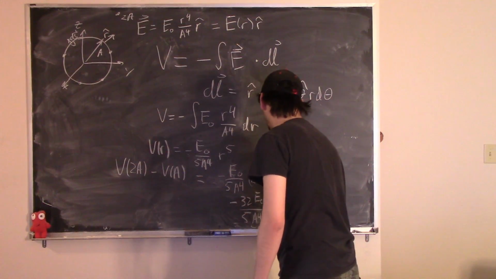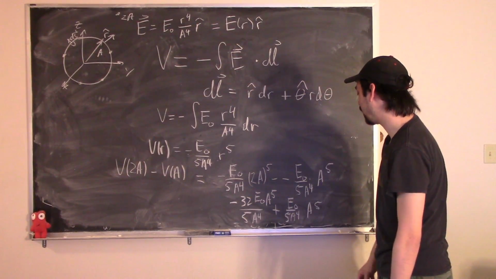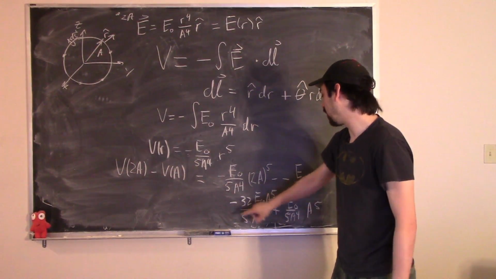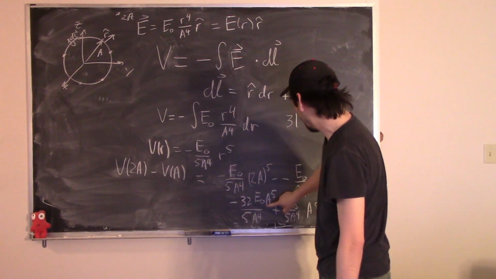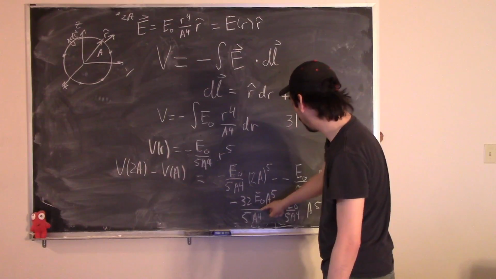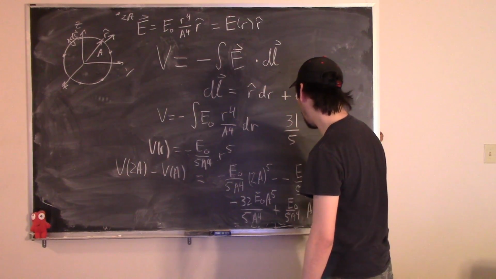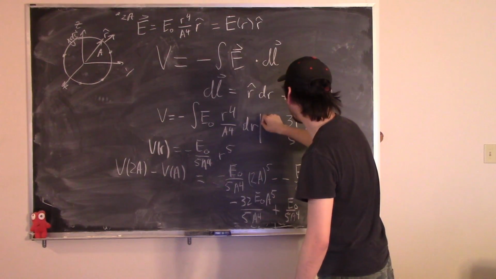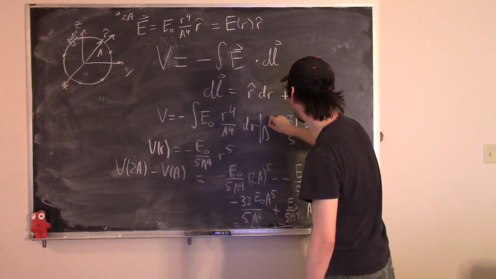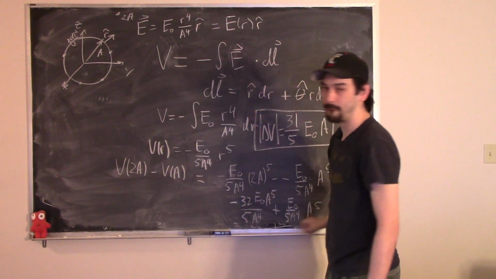And I also have an a to the fifth here. And then I want to take some magnitude of this in the end. So this ends up being minus 31, but I want an absolute value, and so this is going to be 31. I can cancel four powers of a in the denominator, so this is 31 over 5 E0 times a. So this is the magnitude of delta V is equal to this. Okay.